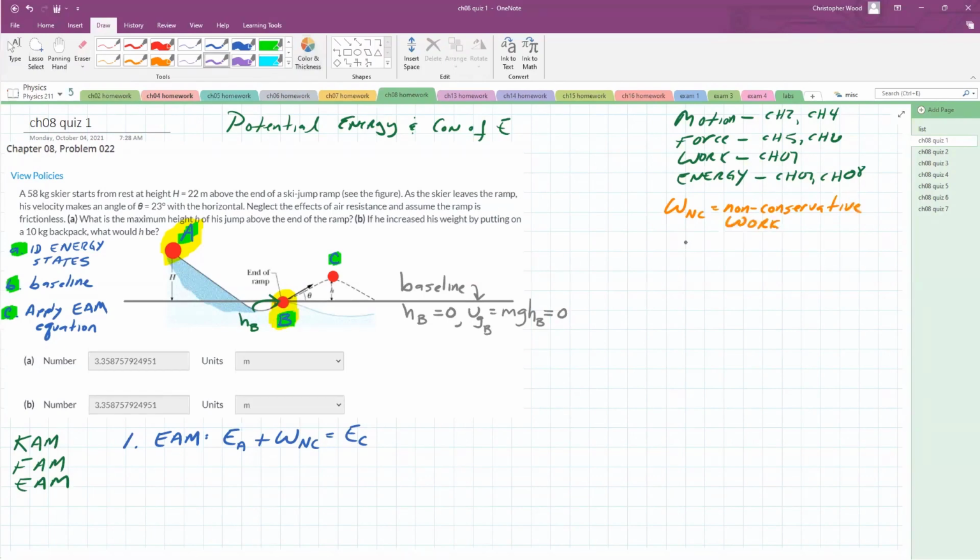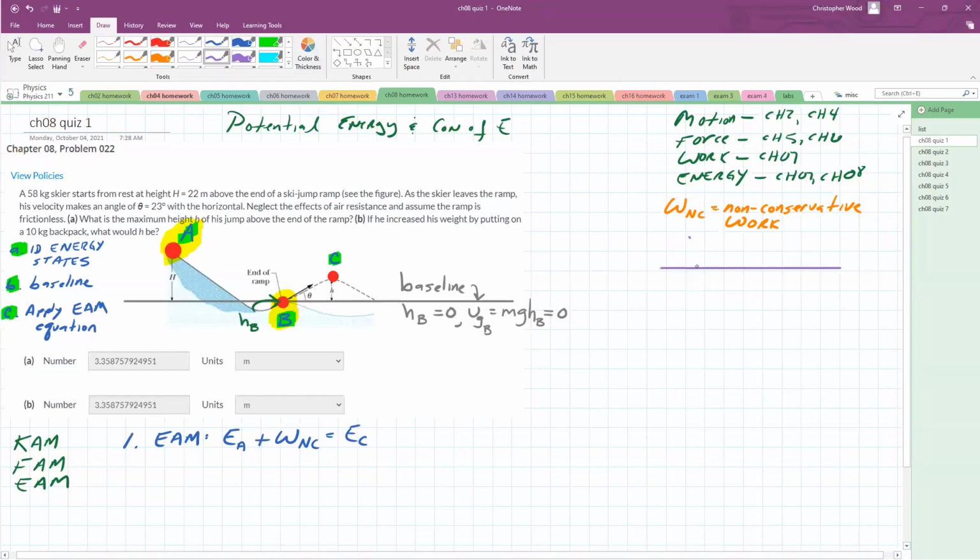Here's me walking on the floor like that. And I'm walking from point A to point B. So I'm walking along a carpeted floor. So there I am at point A. Here I am at point B.